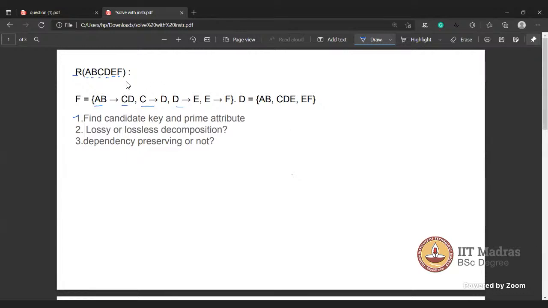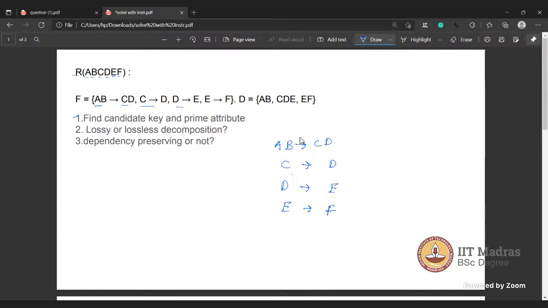So, given functional dependencies are AB determines CD, C determines D, D determines E, E determines F. There is one method of finding a candidate key easily: those attributes not present in the right-hand side must be part of the candidate key.